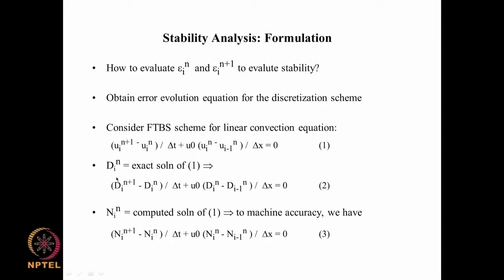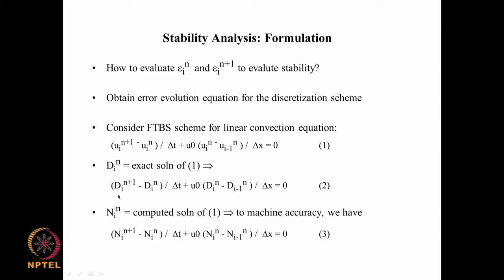So, now we say that capital D_i^n is the exact solution of this equation. That means that if you substitute D_i^n into this equation appropriately, then this equation would be satisfied. Therefore, at point i, n plus 1, this is D_i^(n+1) minus D_i^n divided by delta t plus u naught times D_i^n minus D_(i-1)^n divided by delta x equal to 0.